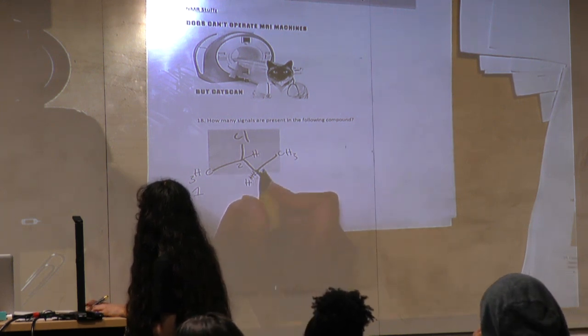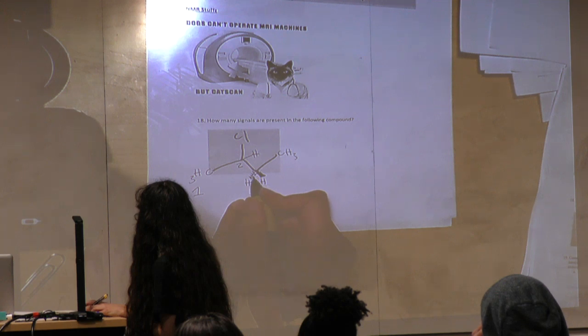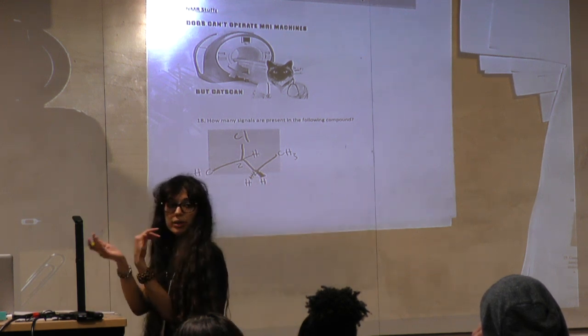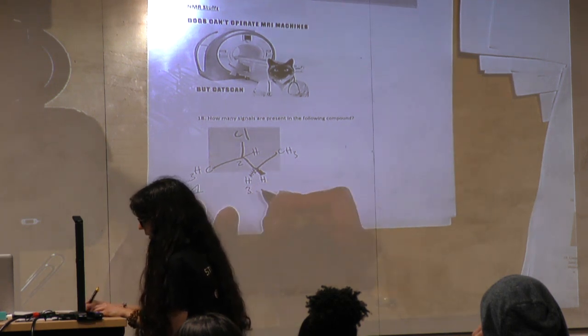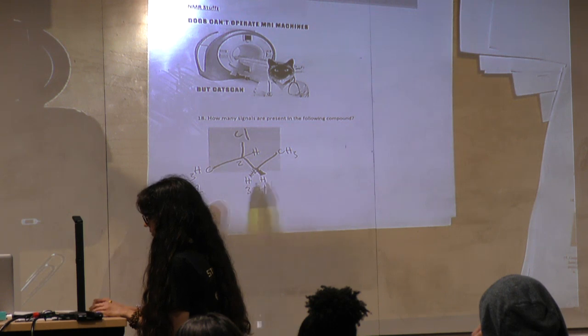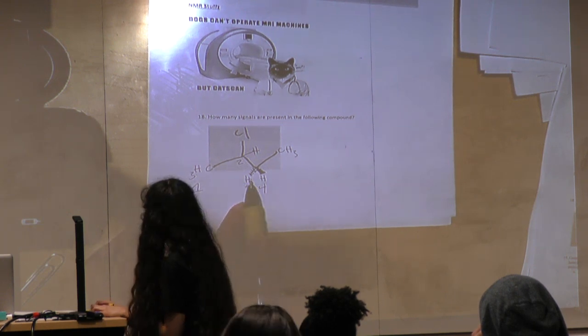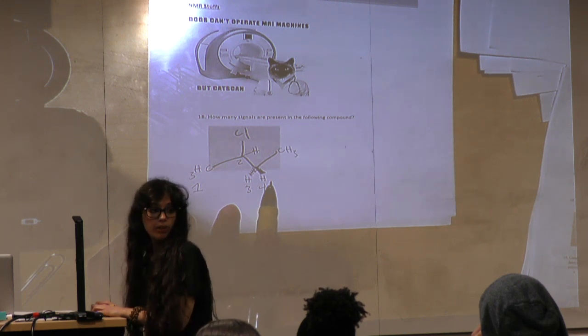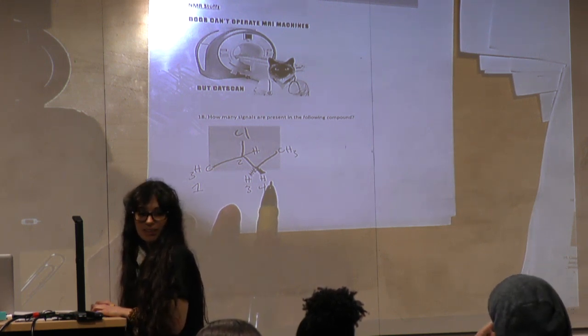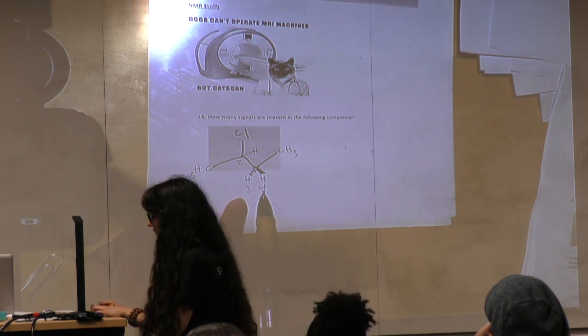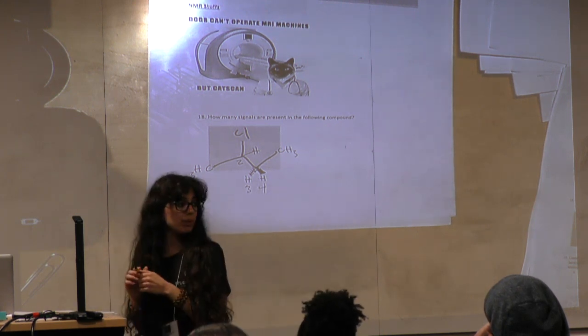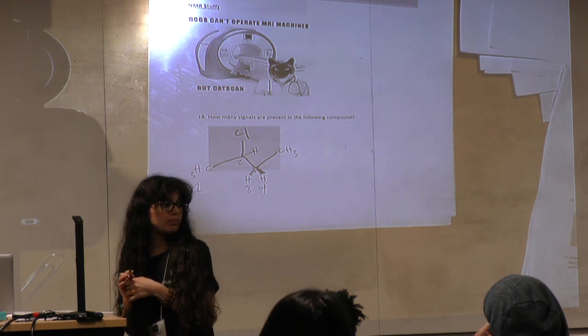Then when you have one on a dash and a wedge, because they're hanging out there, just floating, this is going to give you 3, 4. You count each of these: 1, 2, 3, 4. You count each as a separate signal when you have dash and wedge. Is that confusing? Does that make sense?